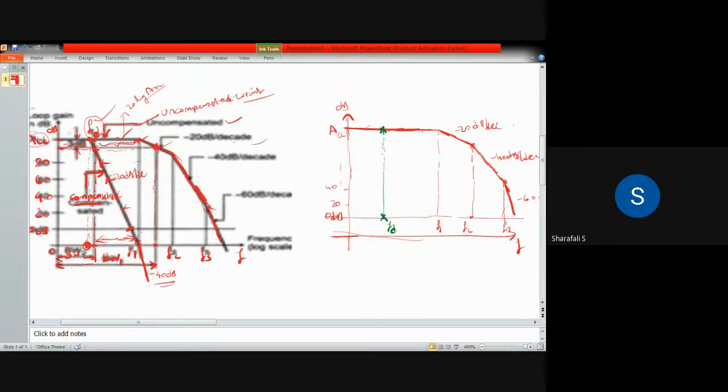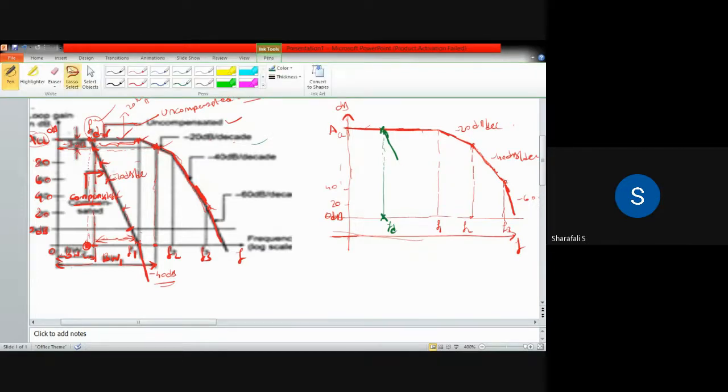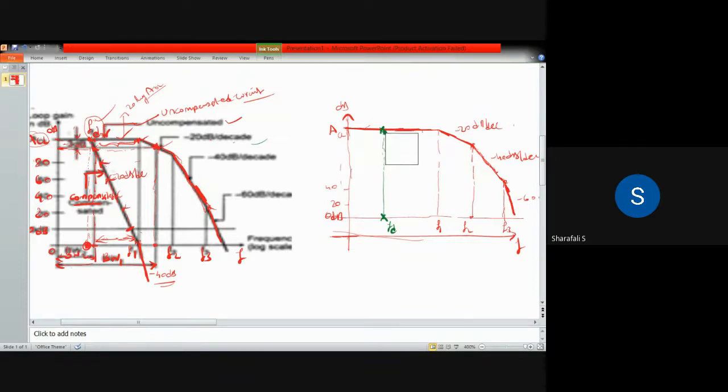So if you have this FT, then it will start decreasing from here with minus 20 dB. This is somewhat different from the previous curve. I'm just taking the same slope, so it will not match the previous figure, but I will explain how it comes.